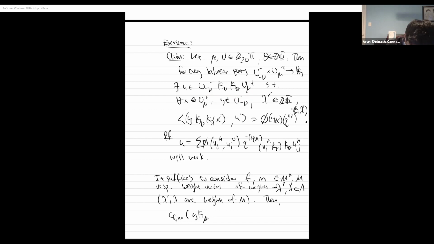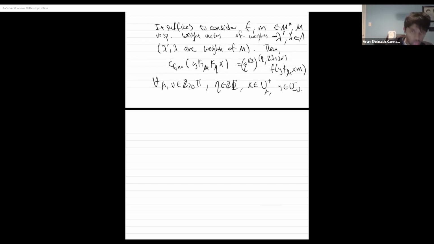K mu, K eta X is equal to Q to the half eta 2 lambda plus 2 nu F of Y K mu X M, for all mu and nu sums of positive roots, and eta in Z phi, and X in U plus mu, and Y in U minus nu.